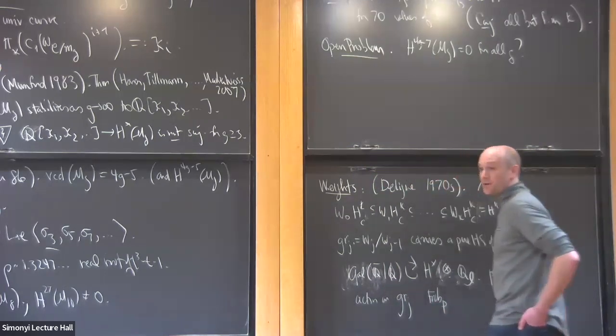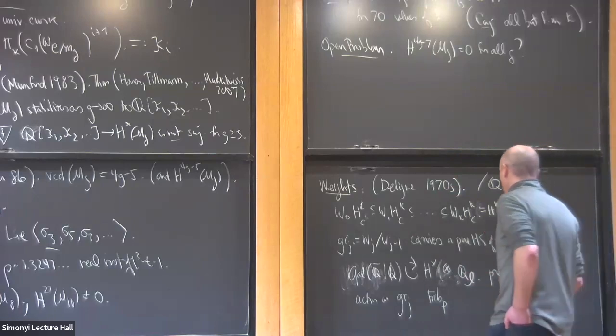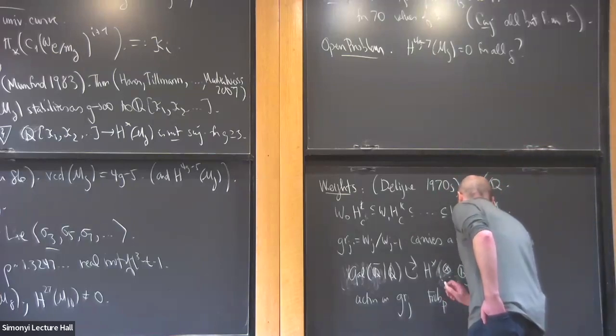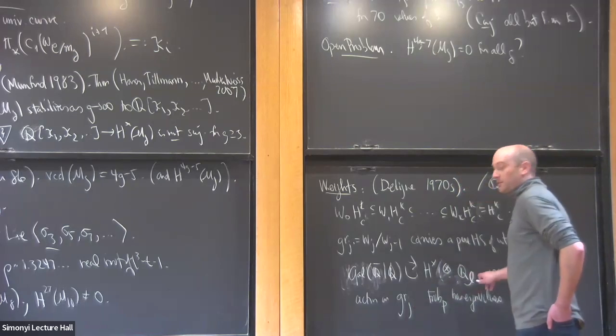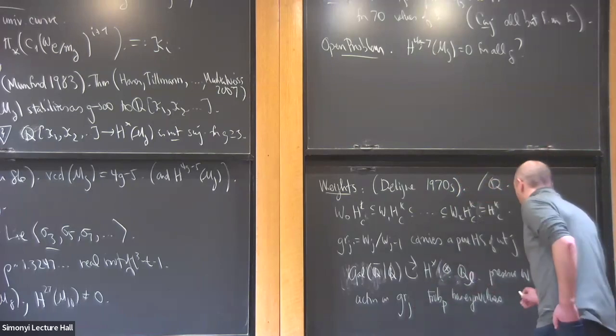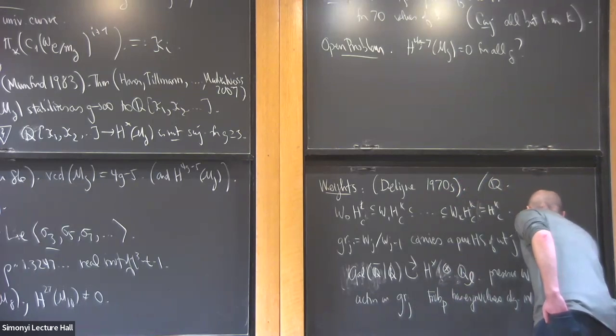So the action on GR_J is very special. Inside the Galois group, there are the Frobenius elements defined up to conjugacy. And so the Frobenius at p has eigenvalues. These are in Q_L bar a priori, but the eigenvalues are algebraic integers, and they're of size p to the J over 2.